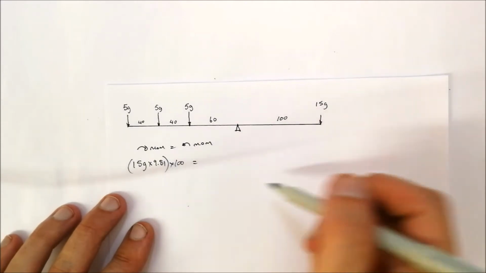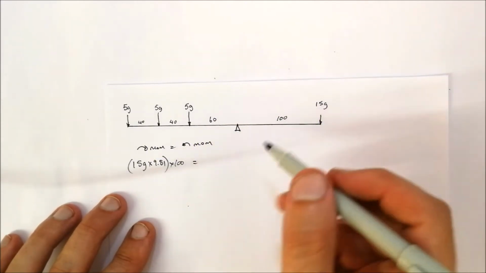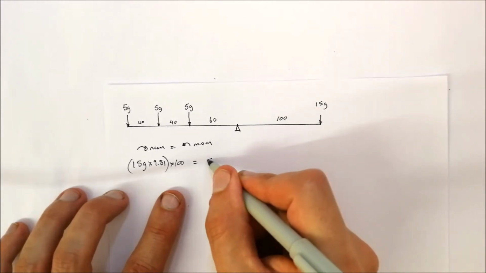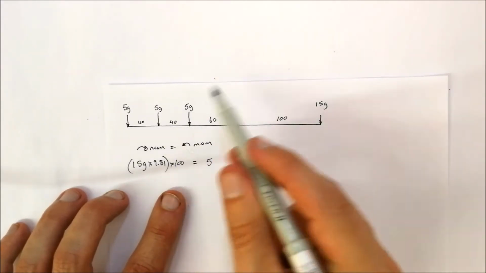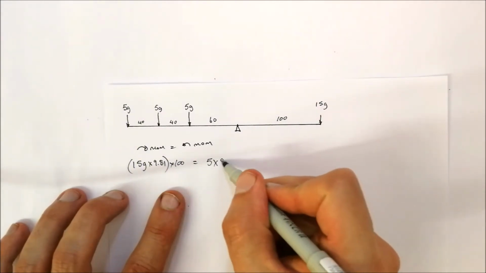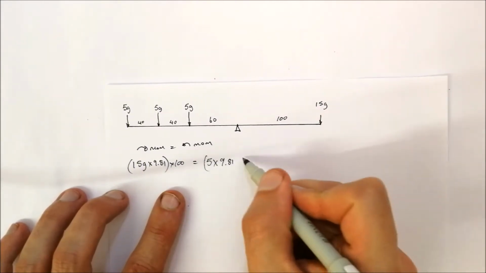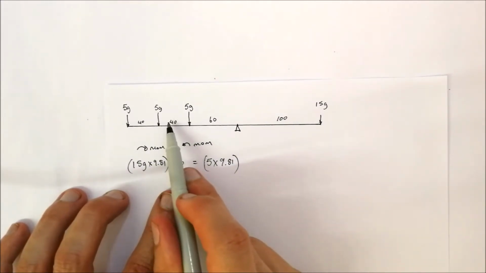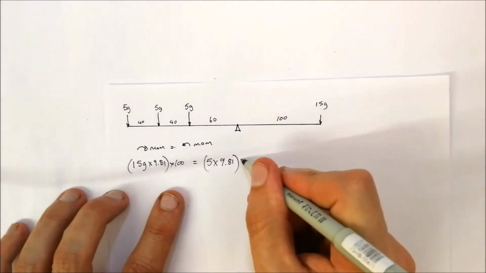So we can look at the anti-clockwise moments. First, we're going to start with this one over here, 5 grams multiplied by 9.81, multiplied by the distance, so that's 60 plus 40, which is 100, plus another 40 is 140.